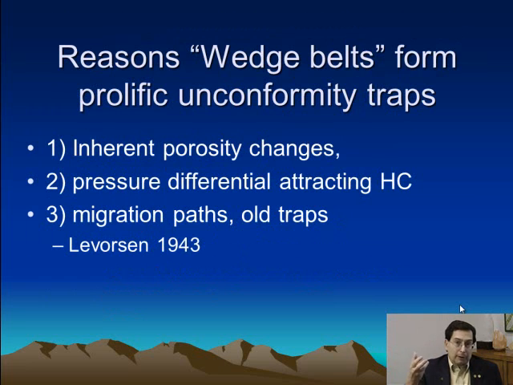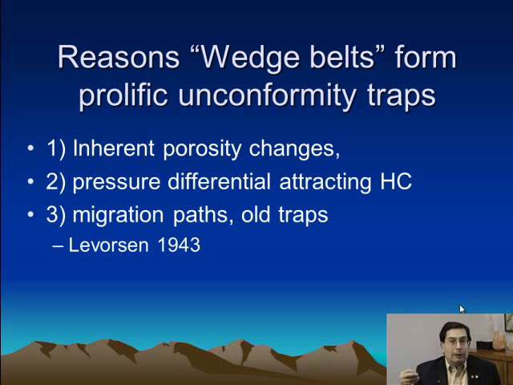And the early workers, in Levorsen's 1943 paper, recognized clastic systems had inherent porosity changes at unconformities, that there were pressure differentials that could attract and affect the way hydrocarbons migrated, and that old traps or paleogeomorphic traps had the opportunity to get many charge pathways and therefore a favored situation.